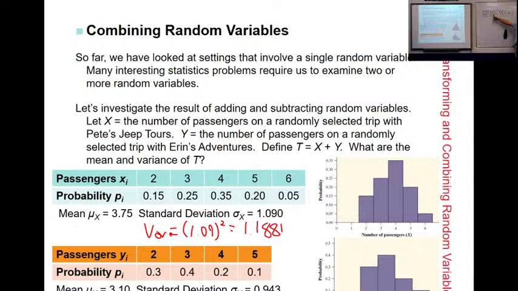The way I started you off was by calculating the one for 4.